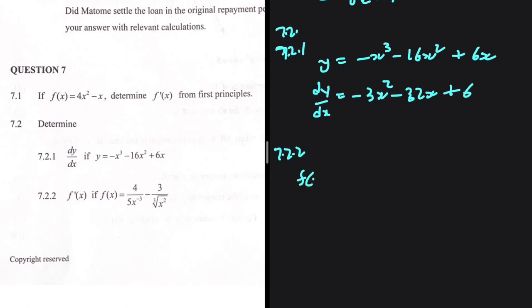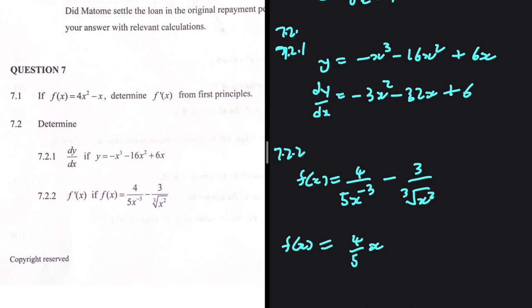f of x is equal to 4 divided by 5x to the minus 3, divided by the square root of x squared. Well, the cube root of x squared. Let's write f of x in our usual format. We're going to get f of x being equal to 4 divided by 5, x to the power 3.